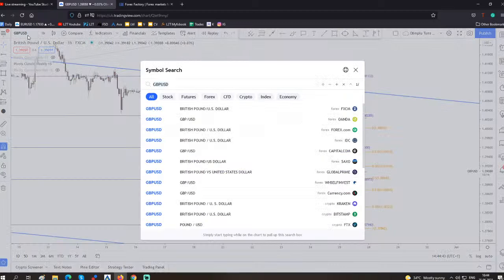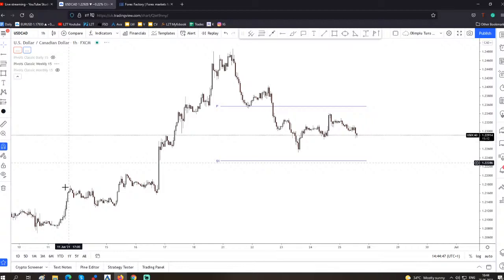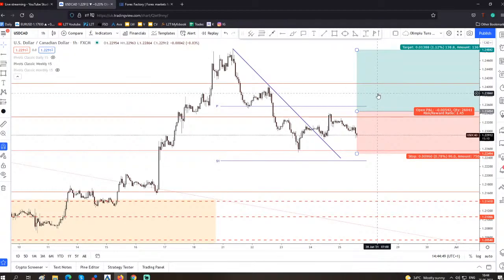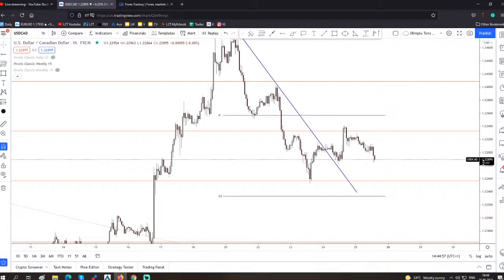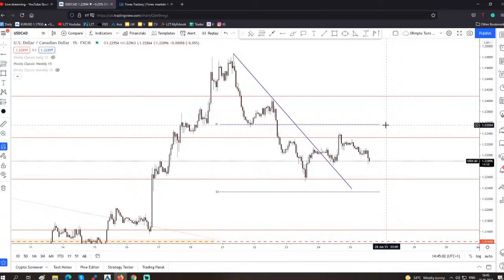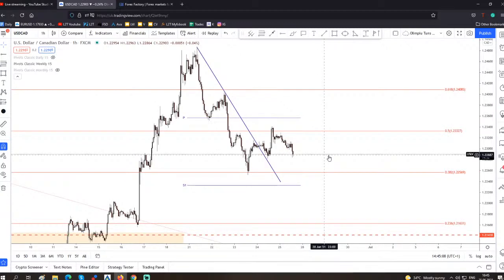Okay, US dollar versus the Canadian dollar. I will hide this from here because this was invalidated for now. So the US dollar versus the Canadian dollar drops right now after retesting, failing to close and stabilize above the 50% retracement level.